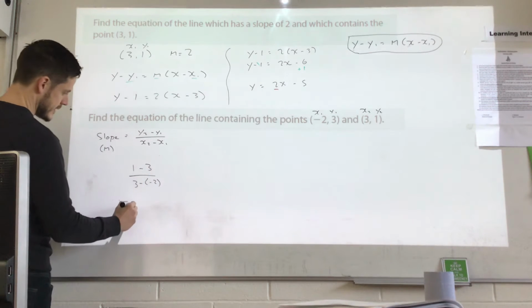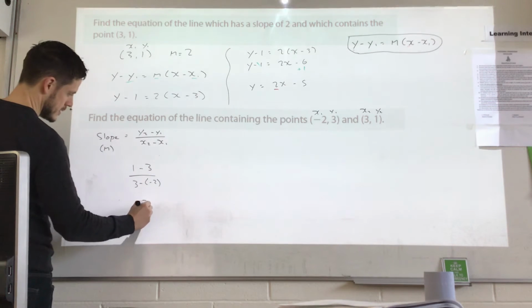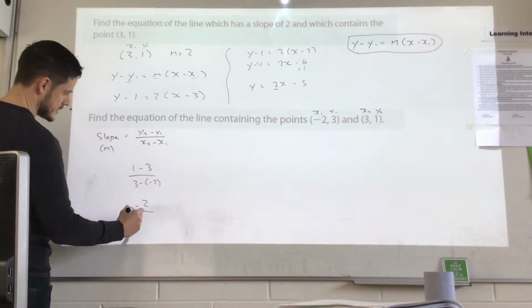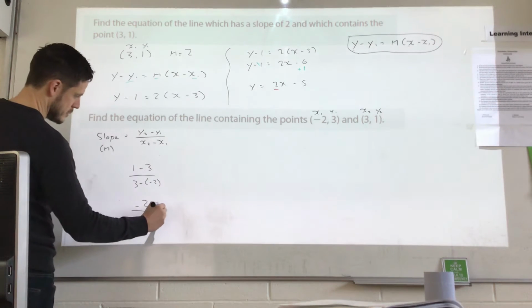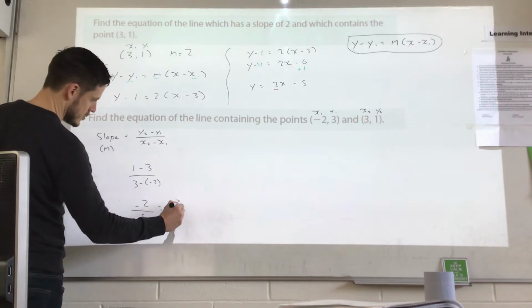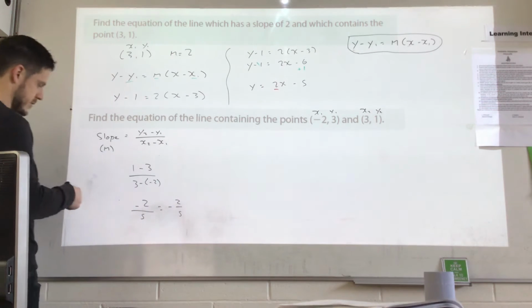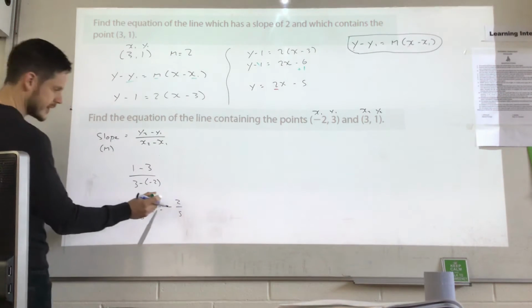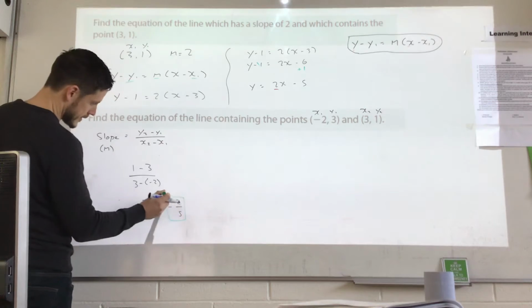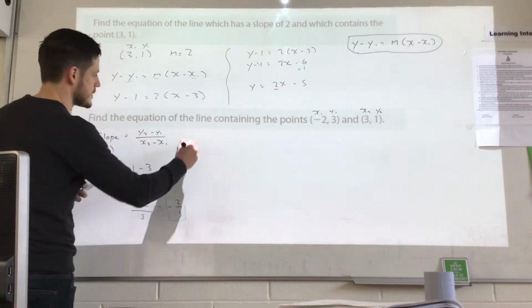Well, 1 minus 3 gives you minus 2, and 3 minus minus 2 gives you 5. So your slope is minus 2 over 5. So you weren't given that, you figured it out. Very popular question in the exam to figure it out for yourself.